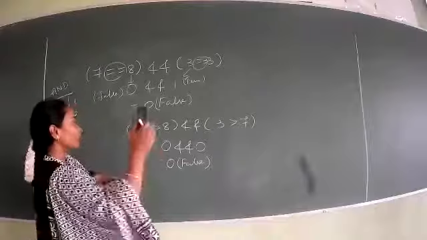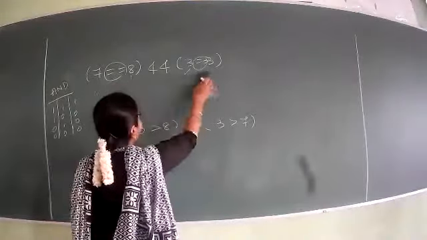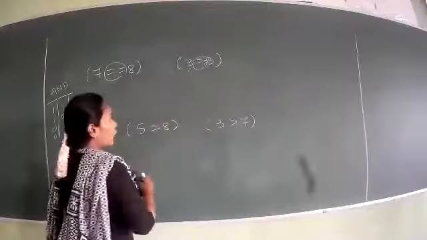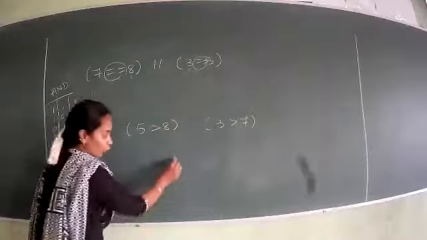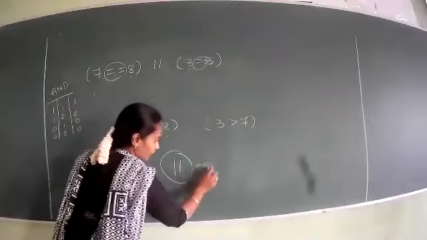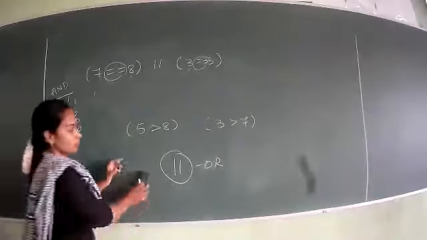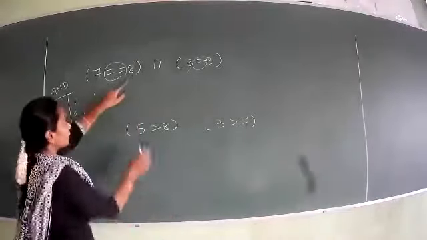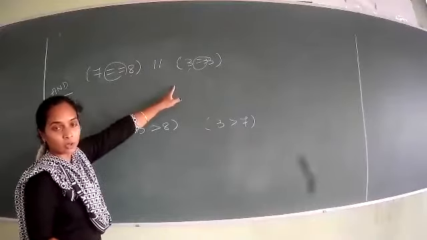The same thing is compared for logical OR. For OR, we write it with this symbol, two lines. Here, I am taking the same example: 7 is equal to 8 or 3 is equal to 3.